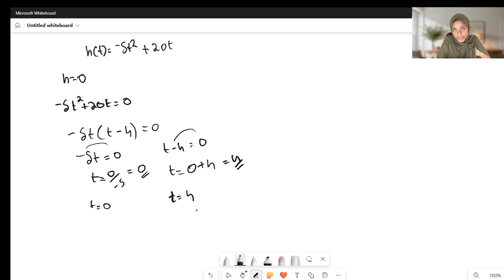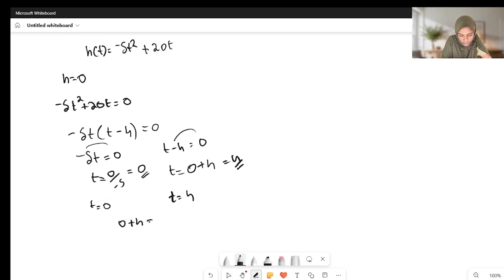And now we need to find its maximum height. Like when we kick the ball, in what time will the ball reach its maximum height? So for that, we need to add both of these times, which is 0 and 4.